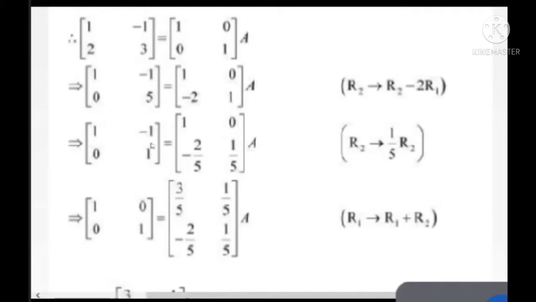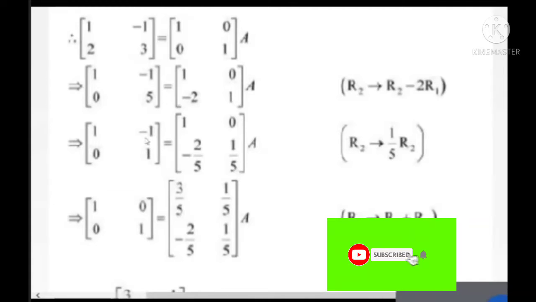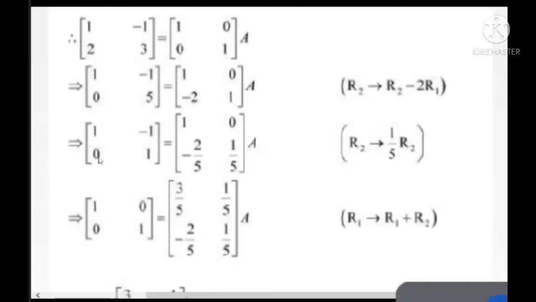We add the r2 row to the r1 row. 0 plus 1 you will get 1, and 1 minus 1 you will get 0.